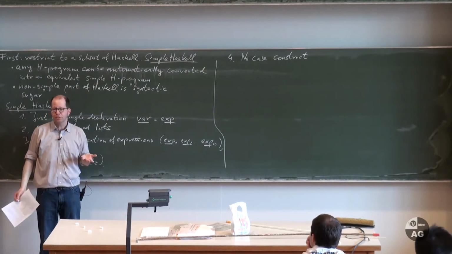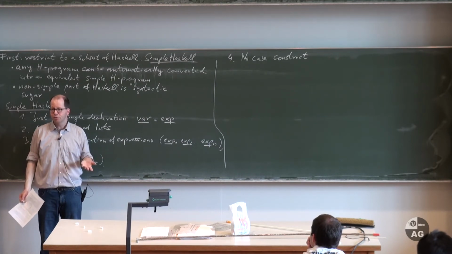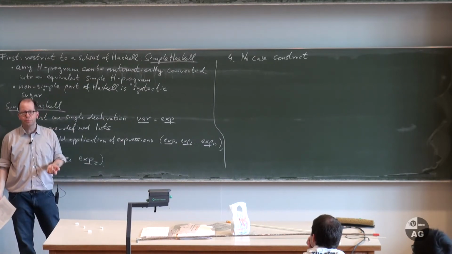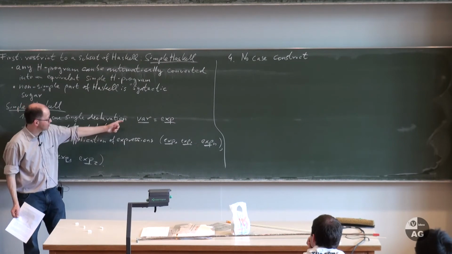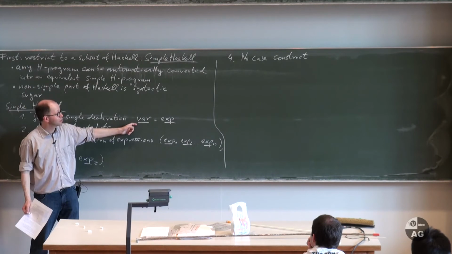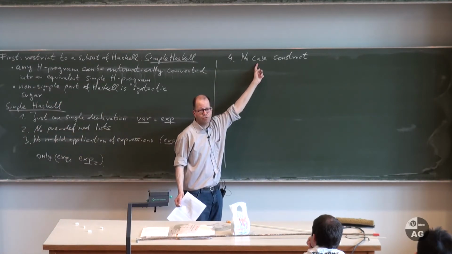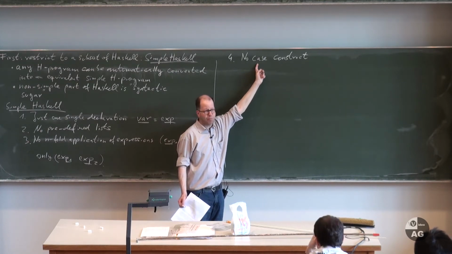If you have one function, you typically write several declarations, several equations for the function, and you use pattern matching. And the main restriction of simple Haskell is that you must not use pattern matching anymore. And this is disallowed by only having one single declaration where we have no pattern matching. And this case construct also does pattern matching. So this allows you to do pattern matching in a single declaration, but we really want to disallow pattern matching.